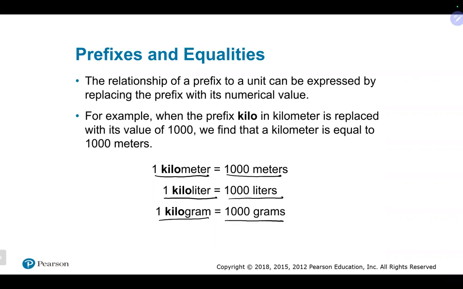So the base unit really doesn't matter. The prefix relationship of, in this case, 1 to 1,000 is always the same, regardless if you're talking about liters or meters or grams.